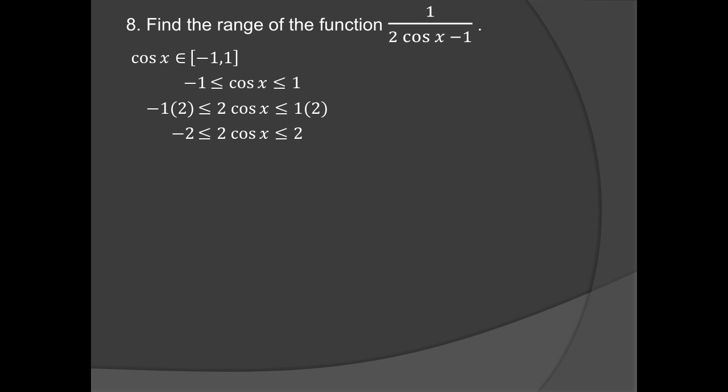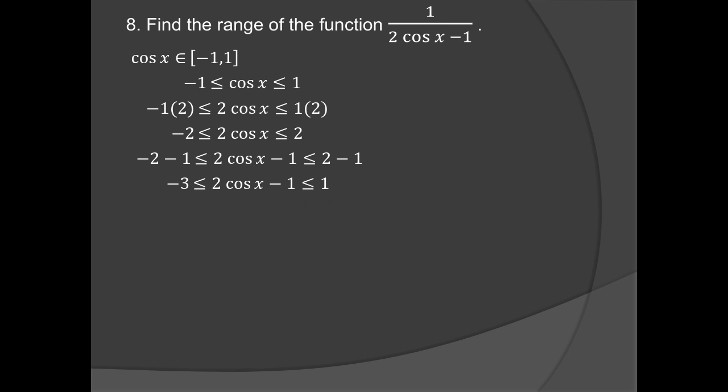So this is minus 2 less than or equal to 2 cos x less than or equal to 2. Now I have a minus 1 here, so this inequality is to be subtracted by 1. So we get minus 3 less than or equal to 2 cos x minus 1 less than or equal to 1.